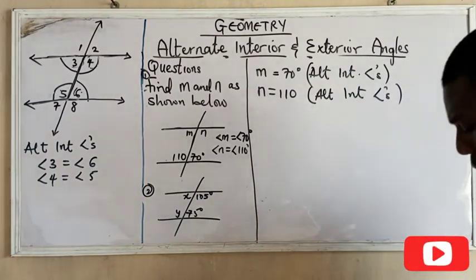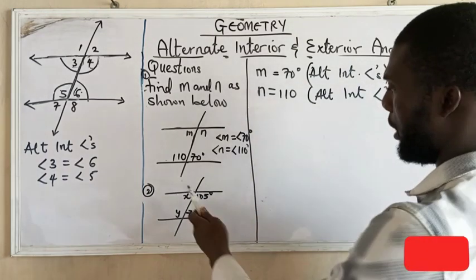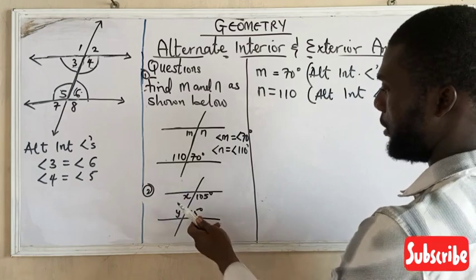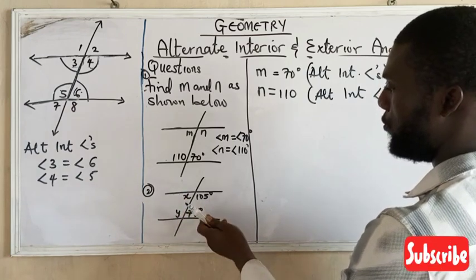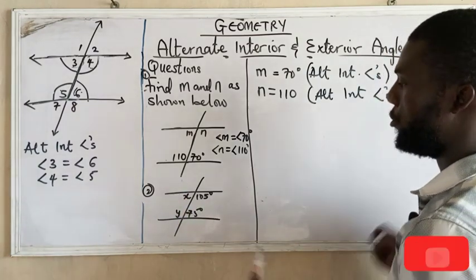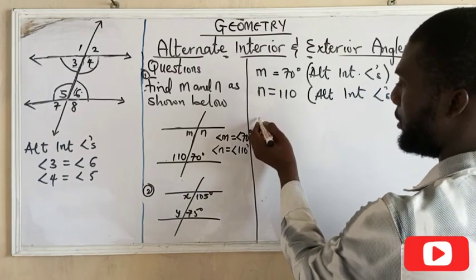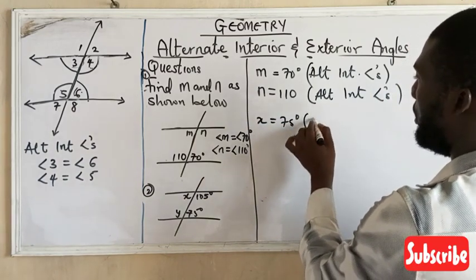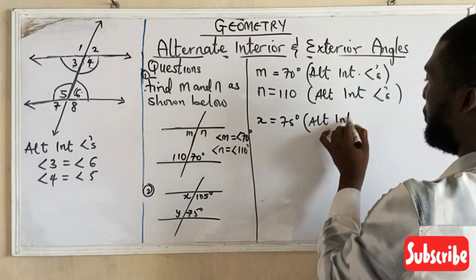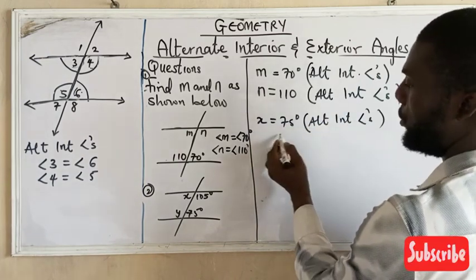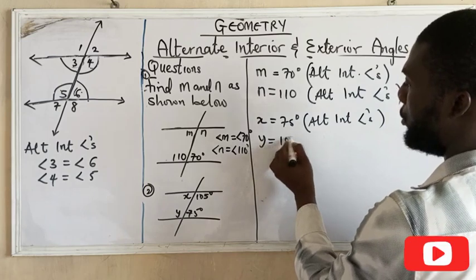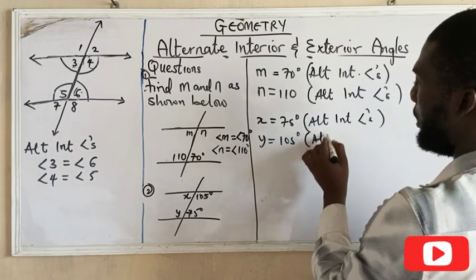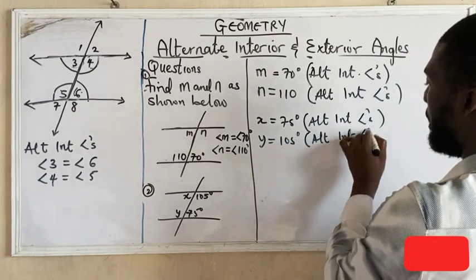And the next one is X, Y, 105 and 75 degrees. So from here, I can also say that X equals 75 degrees. Reason: alternate interior angles. And also Y equals 105 degrees, alternate interior angles.